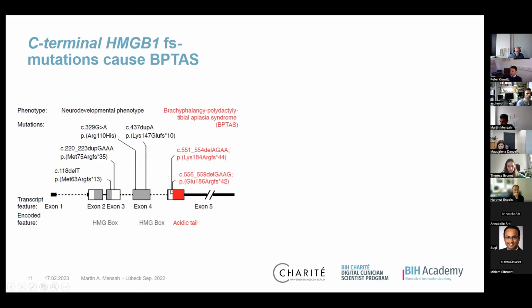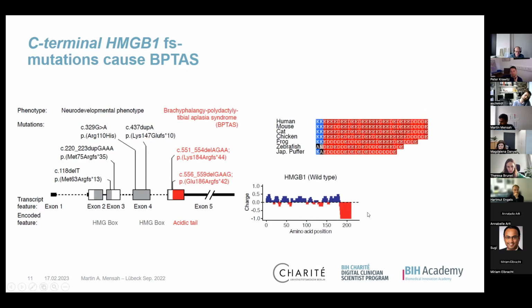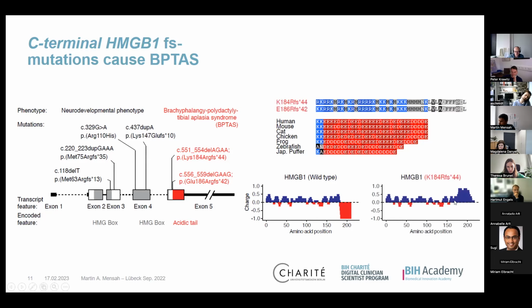Our mutations, however, are positioned here at the beginning of the C-terminus, and, I've already mentioned it, they change the acidic nature of this C-terminus to a basic tail. Now, when we shade these amino acids in blue when they are basic, then you see that it's not only that the acidic nature is lost, but what replaces the C-terminus is now basic.